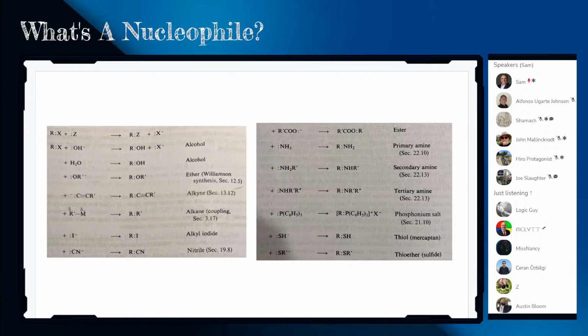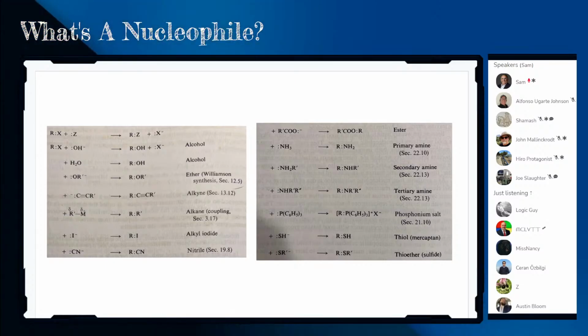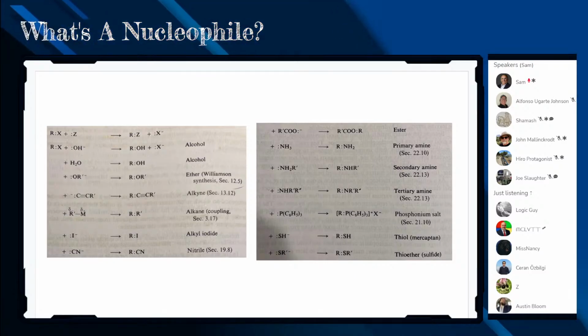So all of these functional groups that we're talking about, primary amines, secondary amines, phosphonium salts, thiols, alkyl halides, nitriles, all of these are present in biologically active molecules. Many of these are in the side chains of amino acids, in the active sites of enzymes.